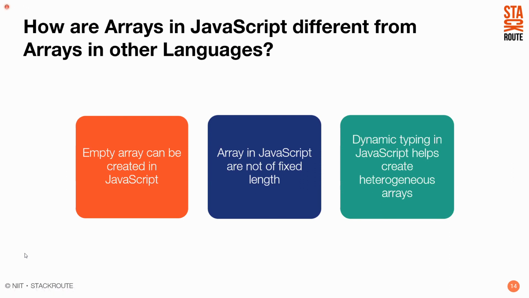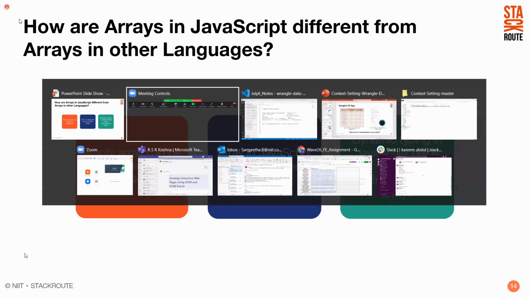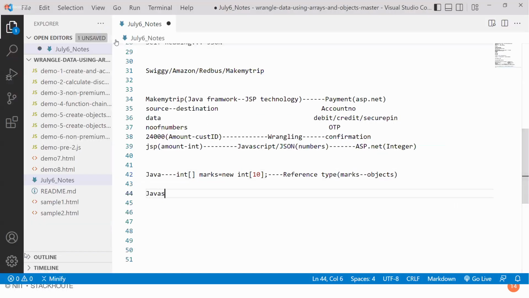Point number 1, I can create an empty array. So what do you mean by empty array? Can anyone tell me the syntax? Let marks is equal to, what is this? An empty array. Let marks is equal to square brackets.